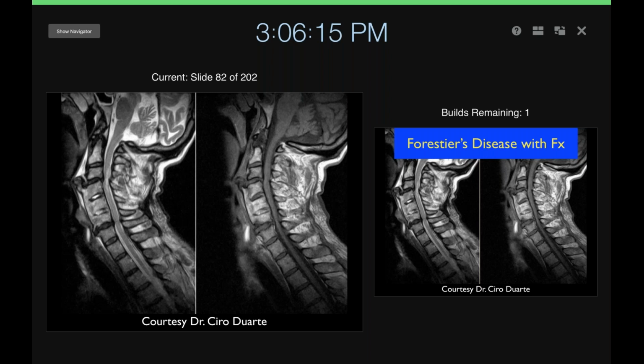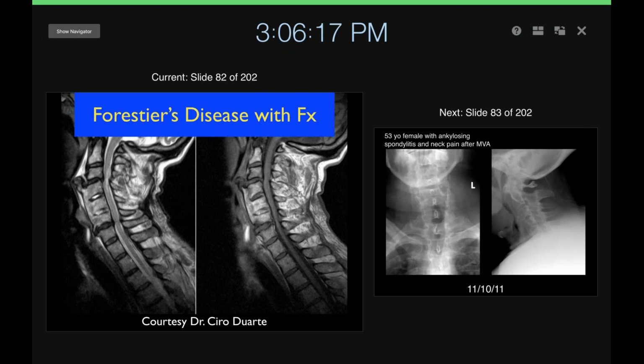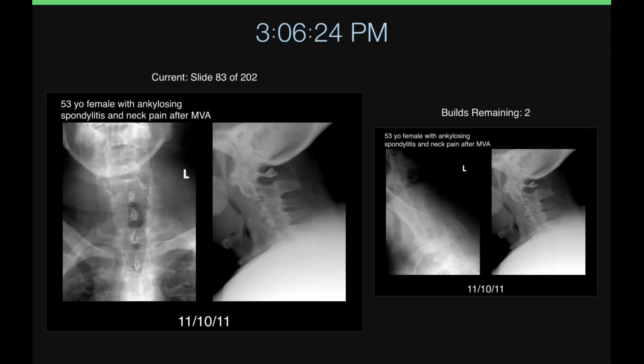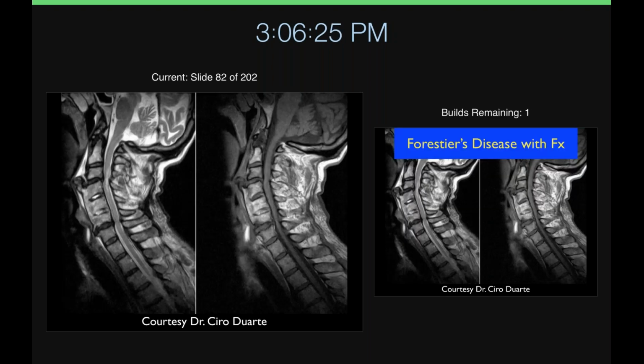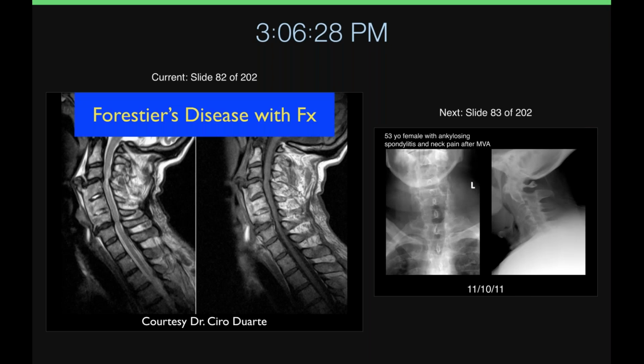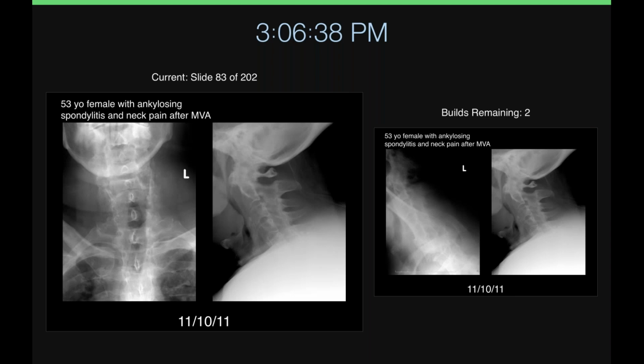A little central stenosis here. And another term for this that has been used is Forestier's disease. A term for what? That's a term for DISH. Yeah. Radiologists like to use DISH. The internists and so forth like to use the term Forestier's disease. So, okay.